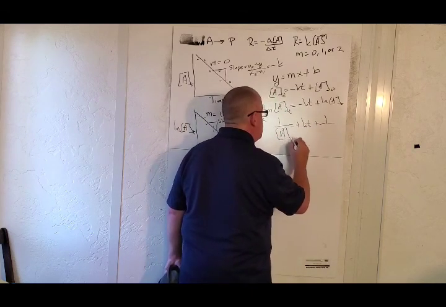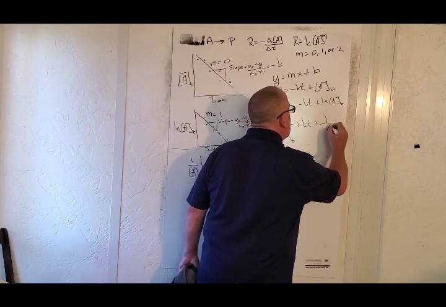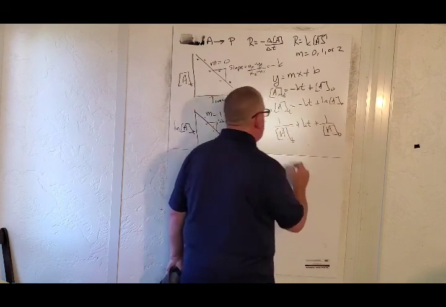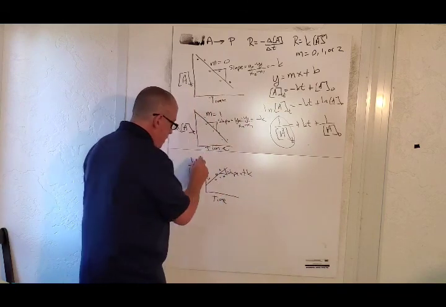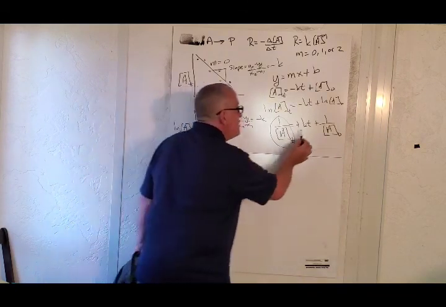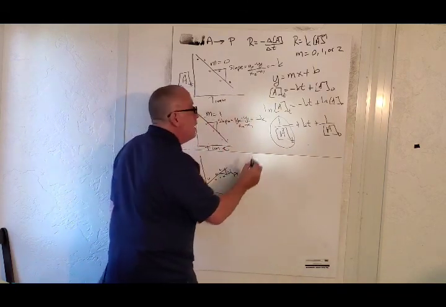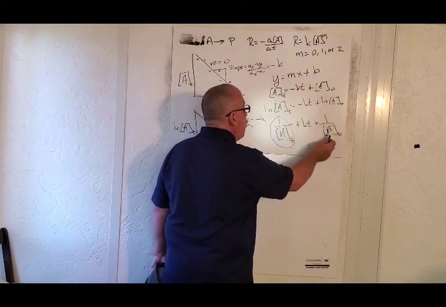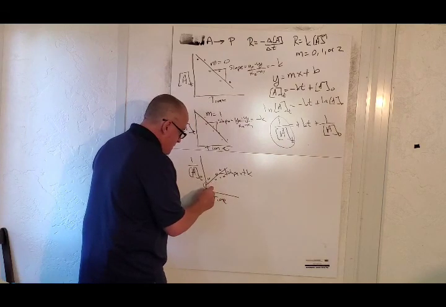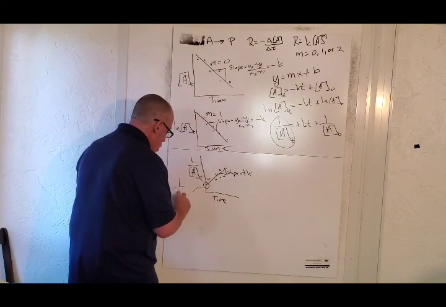Here 1 over A at t would be y, time is x, K is the slope, and 1 over A naught is the intercept.